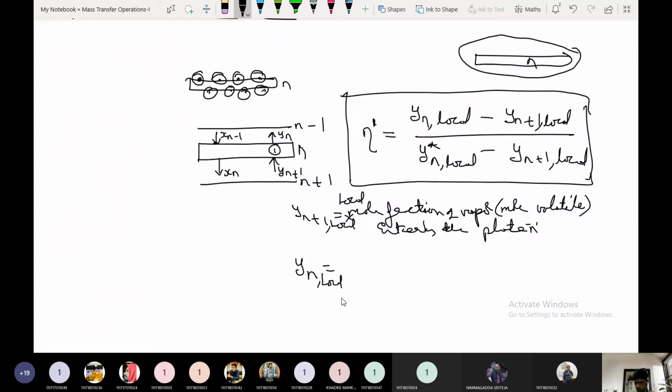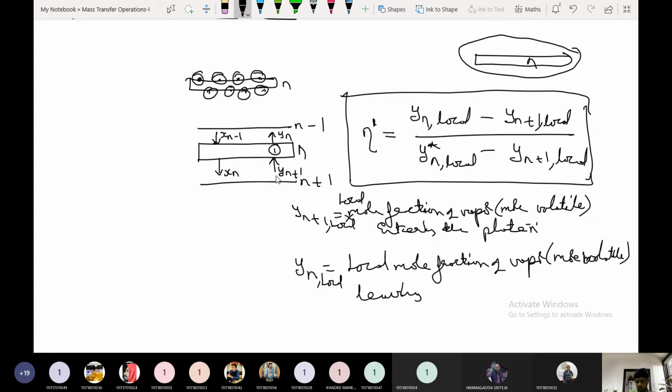If you say this is local, so local or a point, single point, mole fraction of vapor, particularly for the more volatile component, leaving. So this is leaving, through the symbols only we can understand. So leaving the plate n. Then what is yn star local? Yn local star.